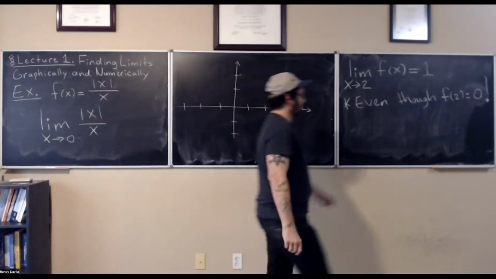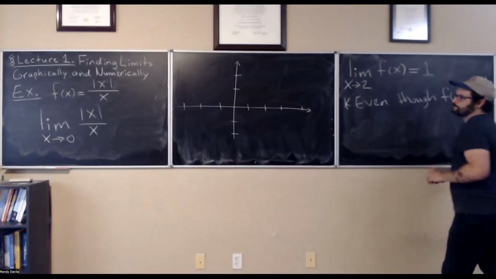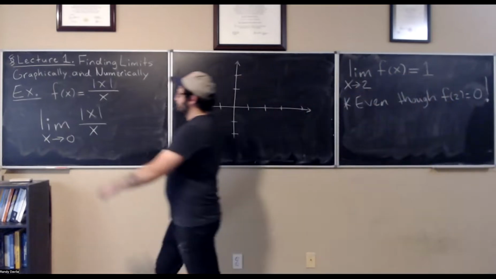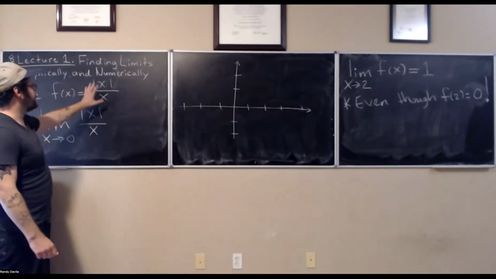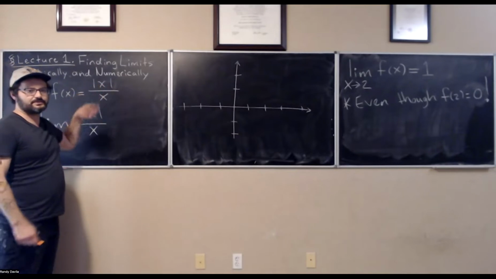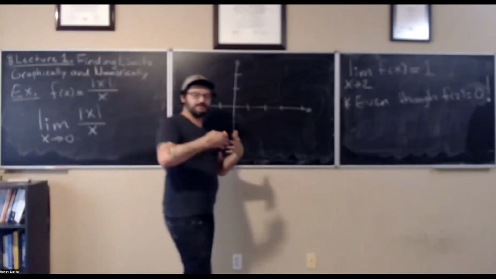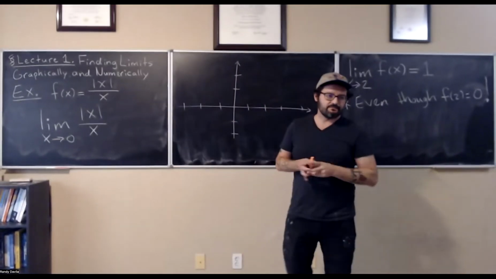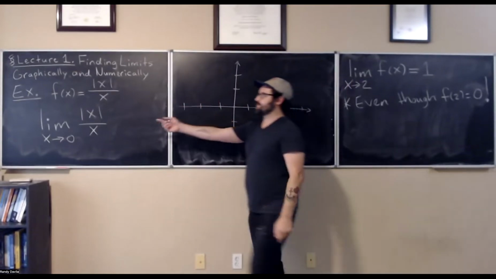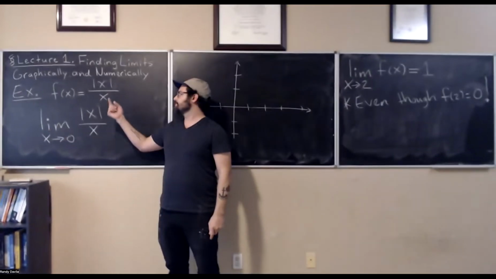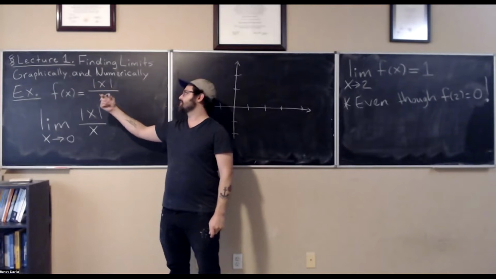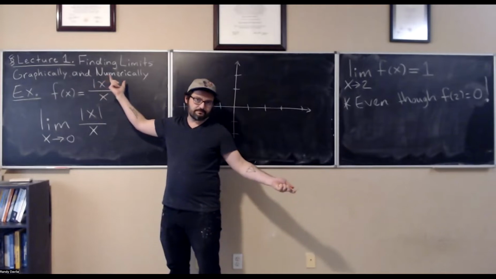Okay, so when x is positive, the absolute value is just the same as what we put into it. Whenever x is 1, this is just going to be a 1 in the numerator. When x is 2, it's just going to be a 2.